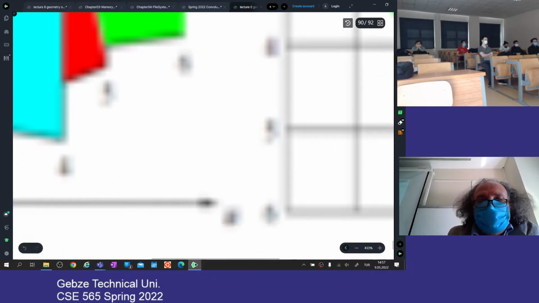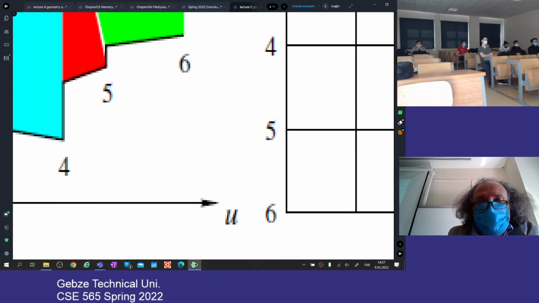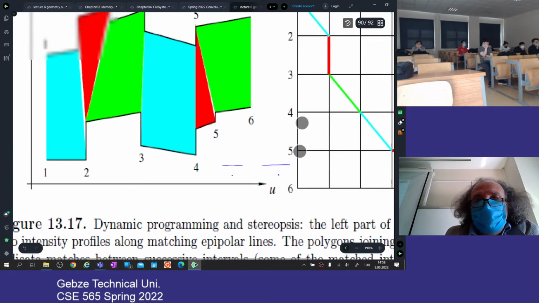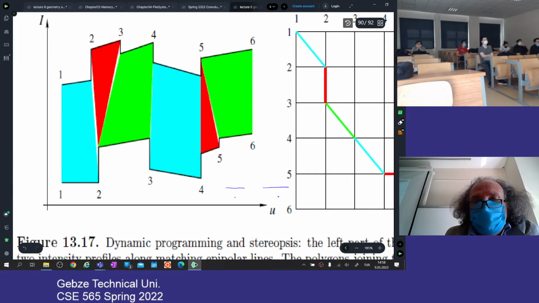Let's say I have, again, a two-dimensional world and one-dimensional images, just to make them simple. My left camera and my right camera, and on my real world object, I have such a surface. Okay, this is my surface.